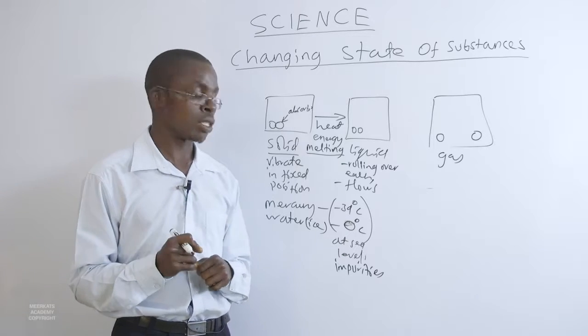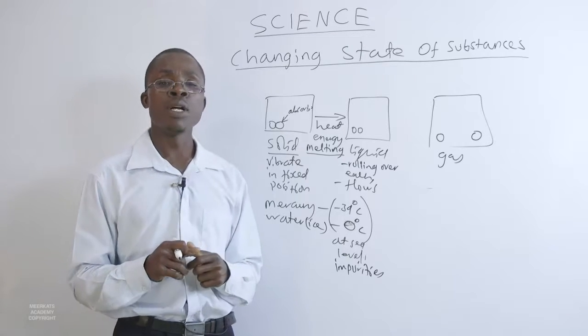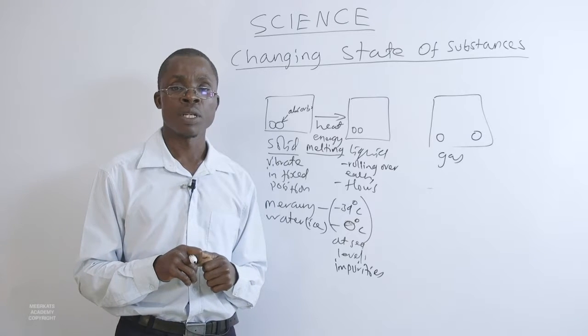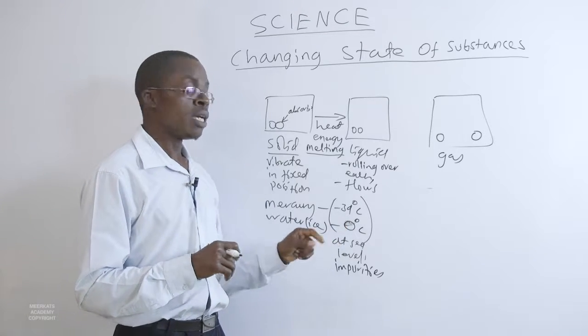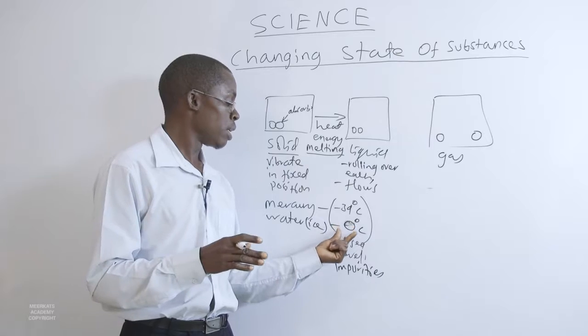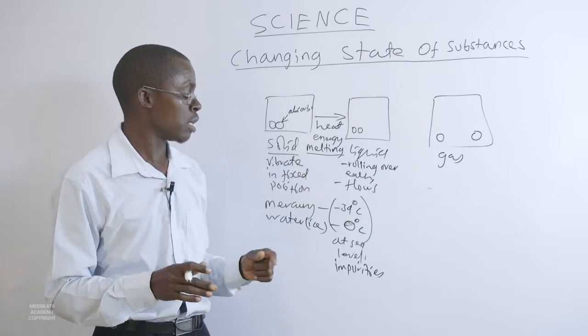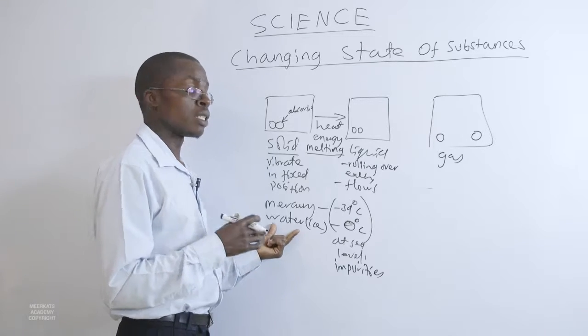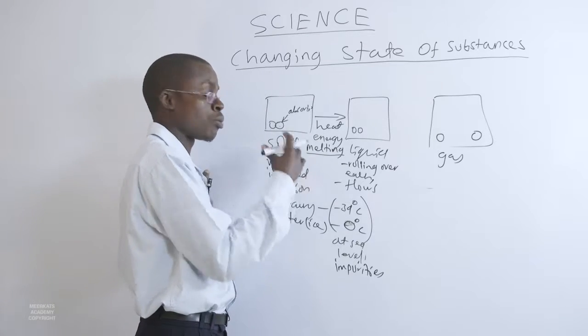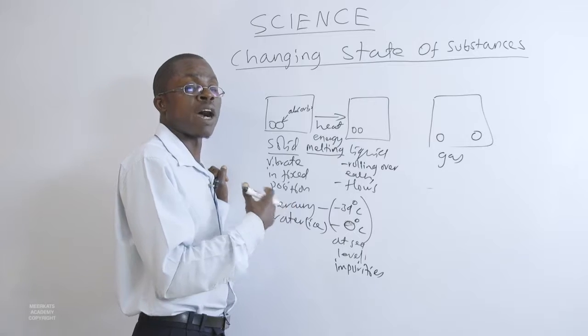The other thing you have to note about impurities is that the melting point will not be sharp. That is, it will not be one particular temperature, like we can give out 0 degrees centigrade and no other range. But if the water is not pure, that is, if the substance is not pure, then we shall talk about a range.